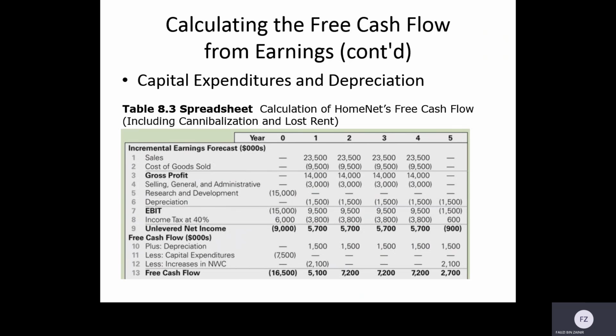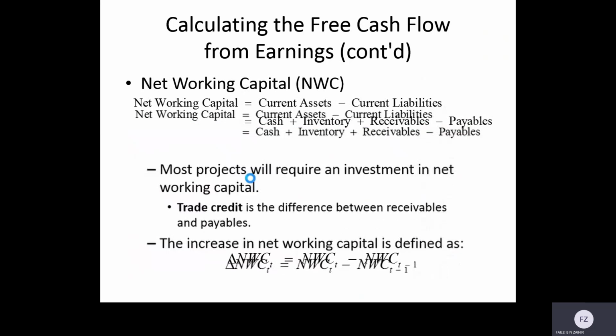Let's figure out how to find the net working capital. This is based on what we've already learned in chapter 4, which is that net working capital is current assets minus current liabilities. The components of current assets are cash plus inventory plus receivables, and the current liability is payables.